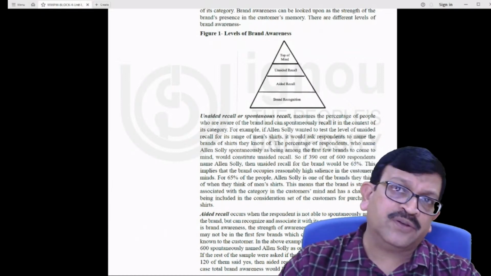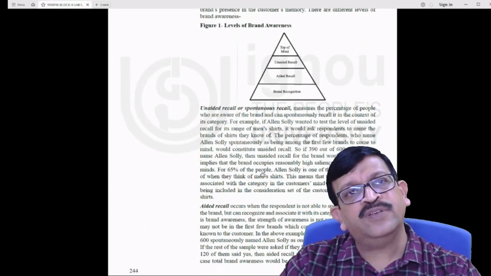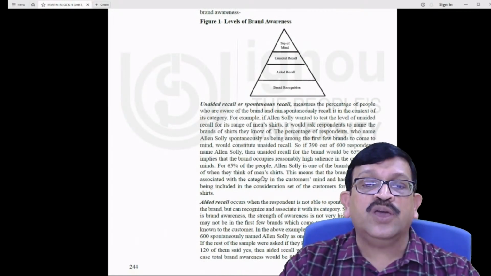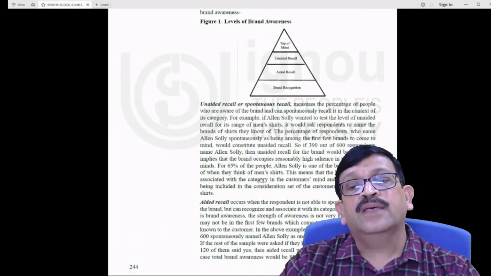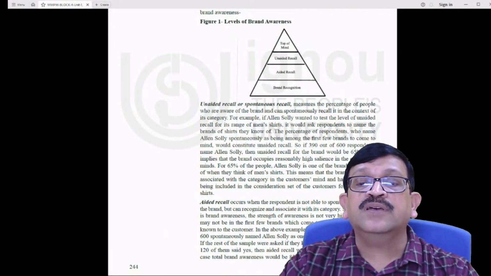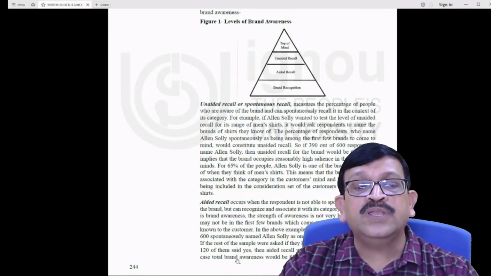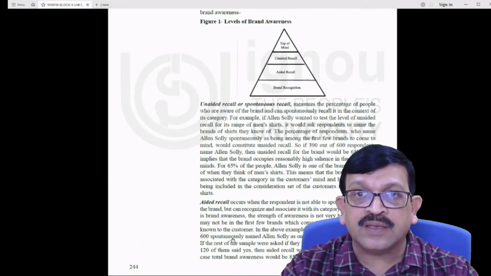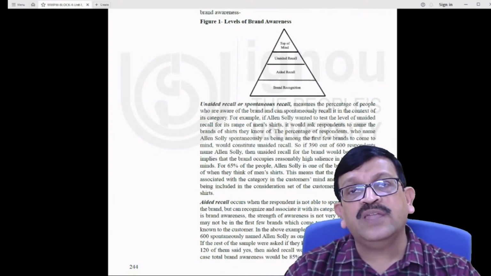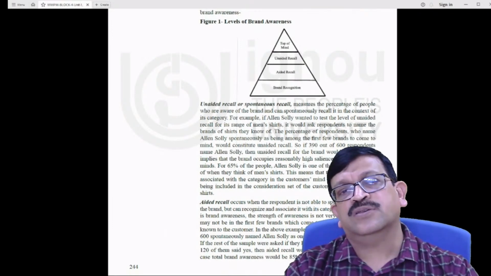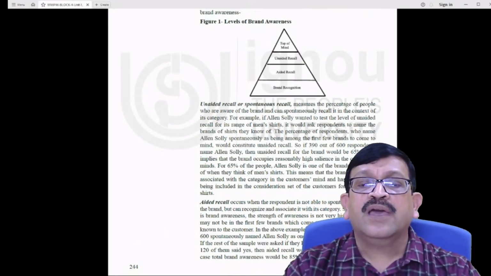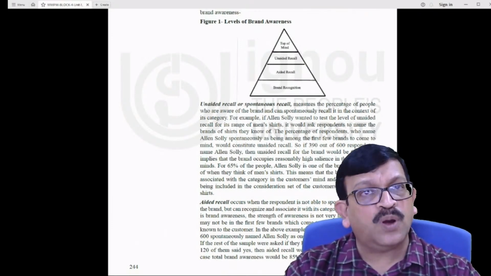Now, what is the aided recall? Sometimes it happens, obviously all brands do not enjoy this kind of a scenario. So what needs to be done is that further it needs to be strongly associated with the customer in terms of their awareness front. So they need to do some kind of intervention. Maybe you try to say that, do you know about Alan Solly?